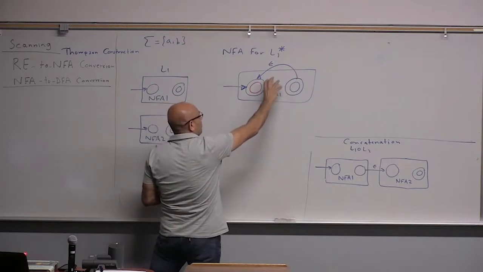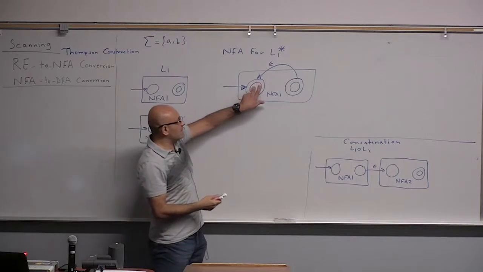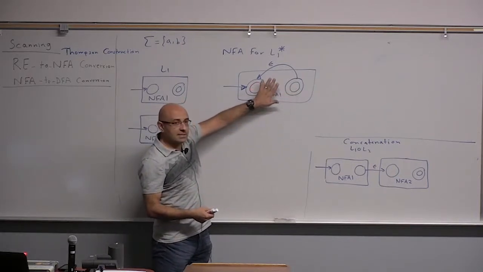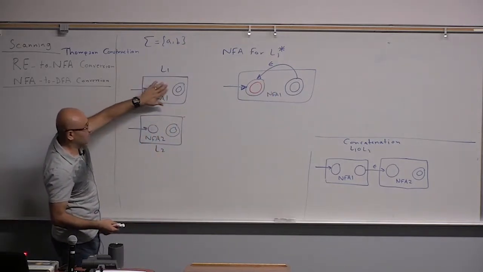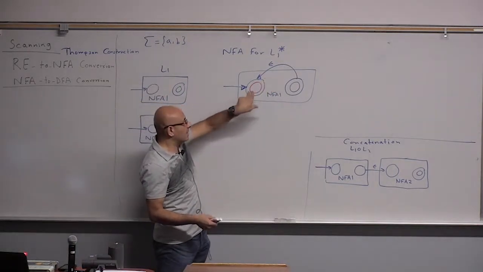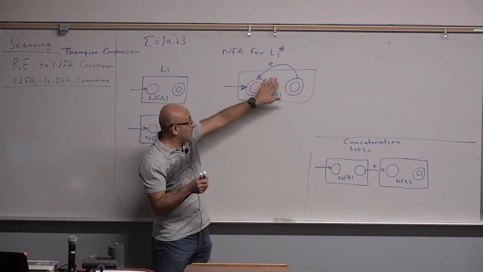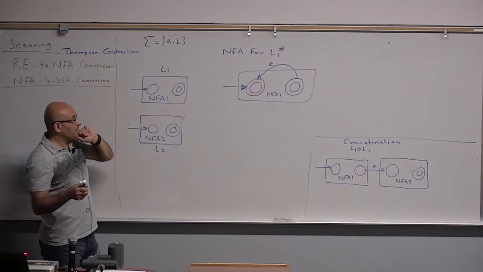So NFA1, we are assuming that all the transitions that are in between the start state and the accept state are the same. So we can have a million states between them, and they are still the same. So all the transitions and the states between the start and the accept are still there. We don't touch them. This is what I mean here.